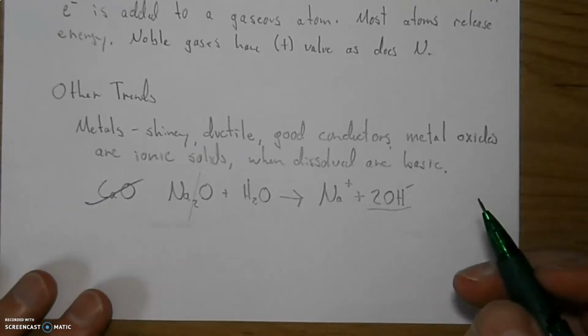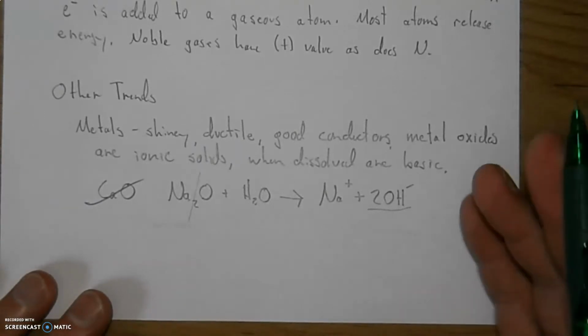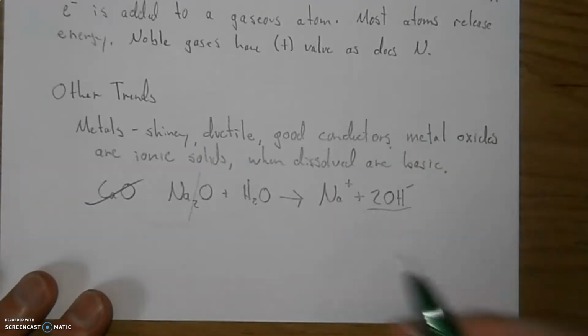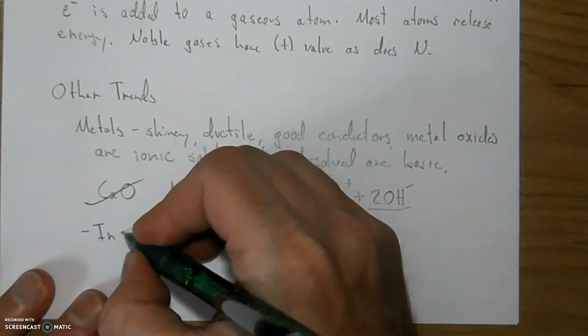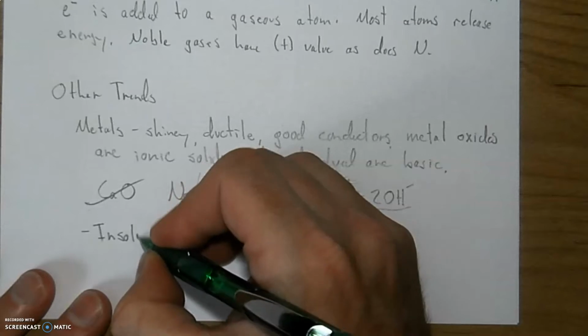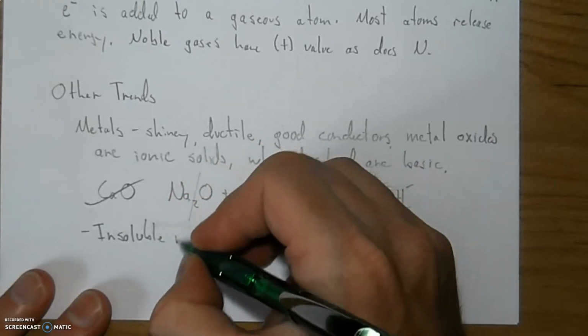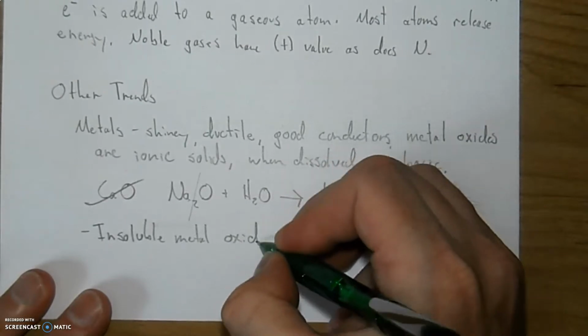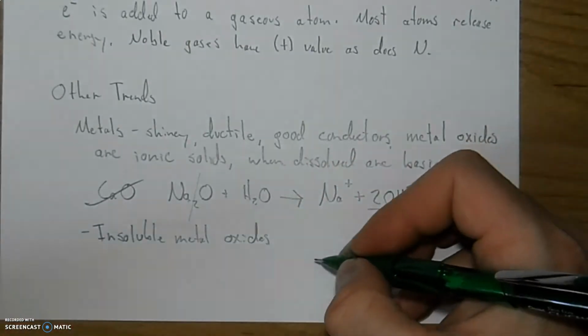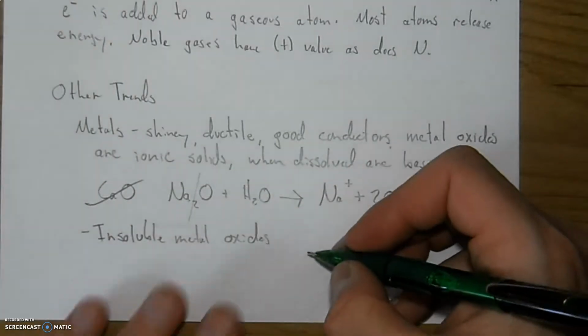Now, some of these aren't necessarily always soluble. Insoluble metal oxides. So what would I do if I wanted to dissolve a metal oxide that won't dissolve?